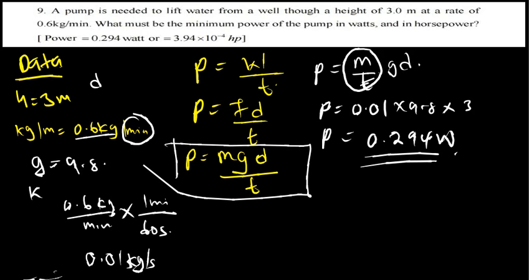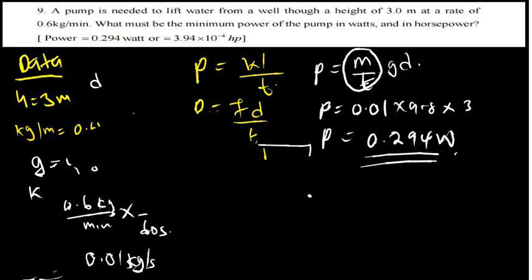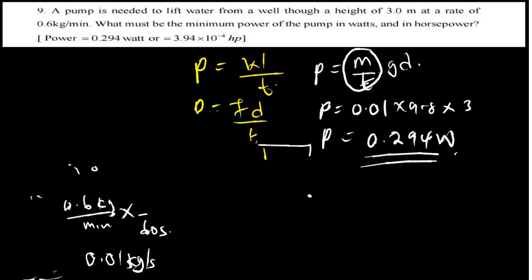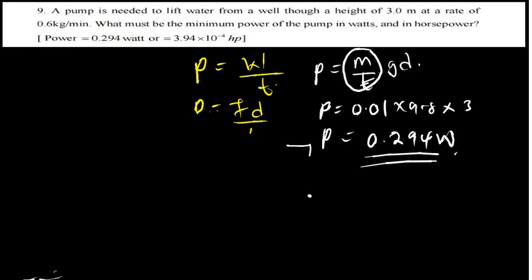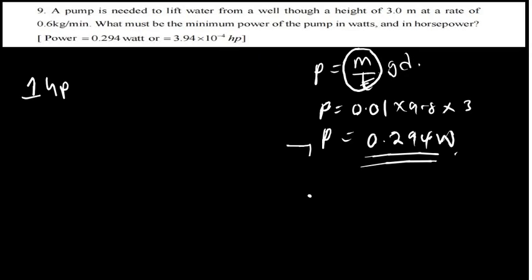Now the question is also asking, what of in horsepower? We talked of horsepower the day before yesterday. We said that 1 horsepower is 746 watts, right? So I want to convert that.